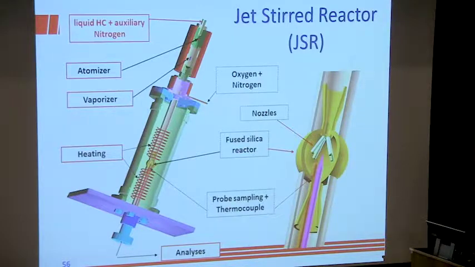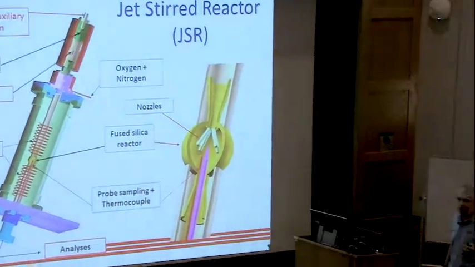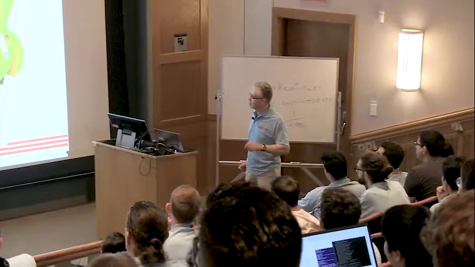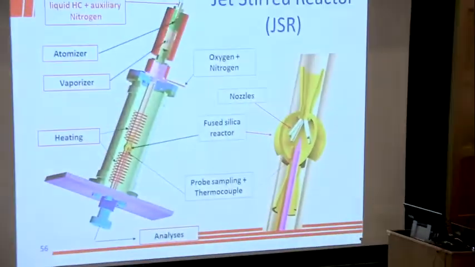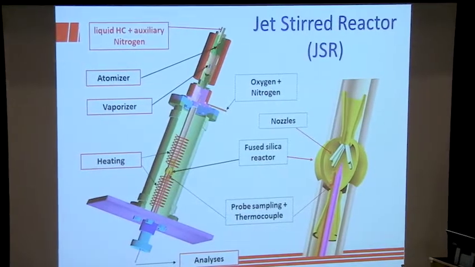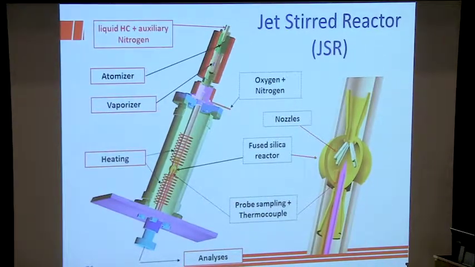So this is the inlet. We've got 4 jets all at right angles to one another so that your mixture is very well mixed inside the reactor. And then you've got a thermocouple here to measure the temperature, and you have a sampling probe, which goes to maybe GCMS or FTIR or whatever it is to measure the species from the reactor for analysis.